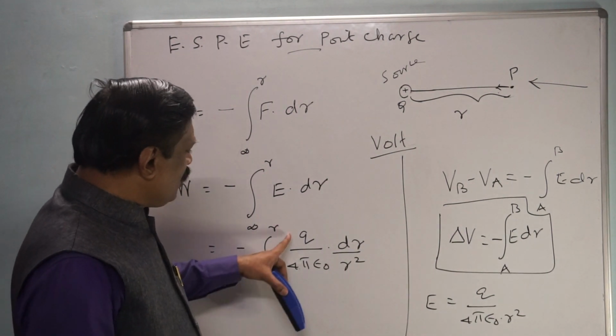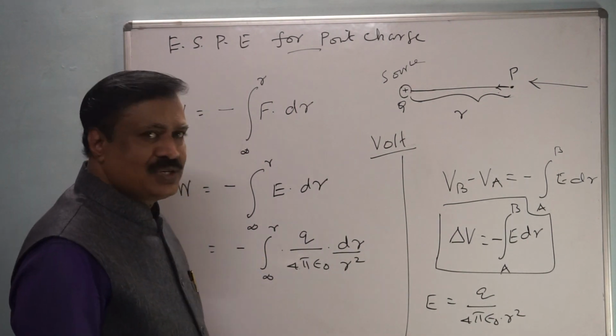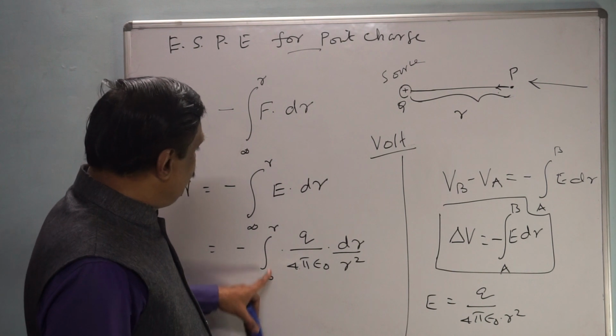Now Q is constant and 4 pi epsilon 0 is there, and the integration is from infinity to R.